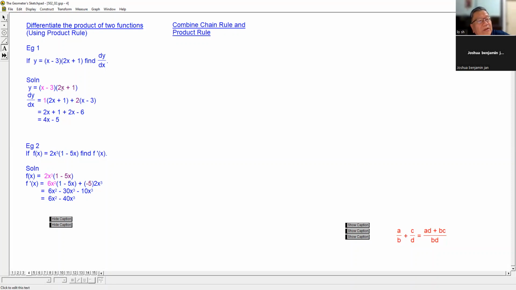The second one is you differentiate the brown color, you keep the pink color. So I differentiate the pink color and then I use the number to times the brown color. Correct. Then the second one is you interchange. Differentiate the brown color, then multiply with the pink color. The second one.